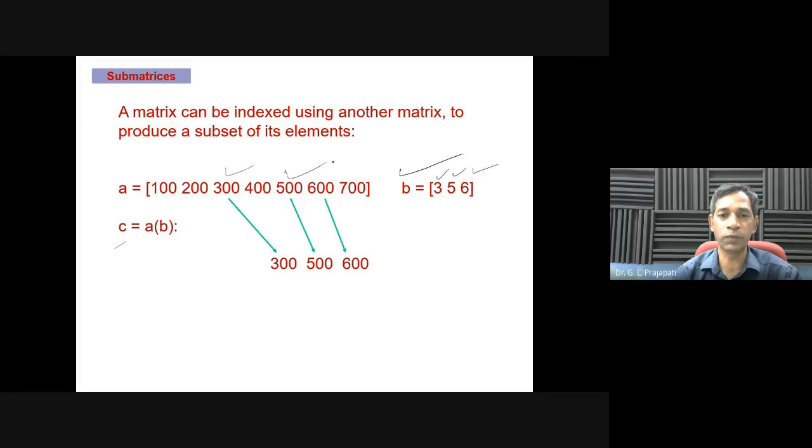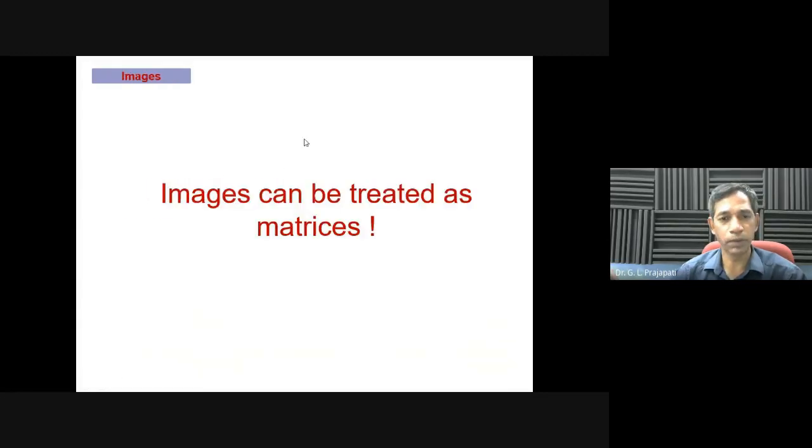Then the fifth one is 5. Then the sixth one is 600. So C is holding this matrix. This is the very simple statement you need to write for finding the sub part of the matrix. Some elements from the matrix you can take away.